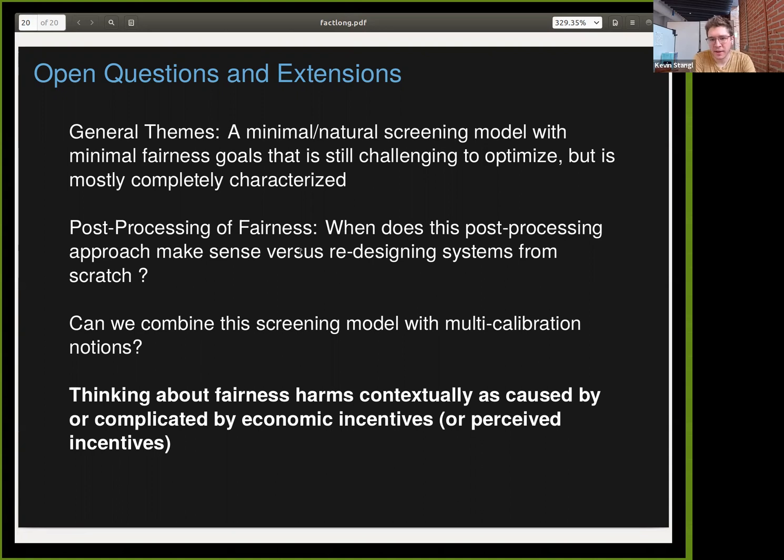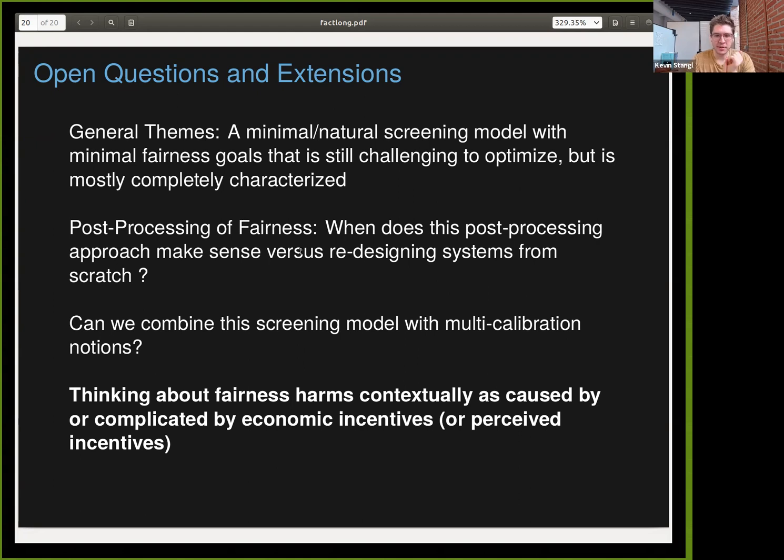I think it's definitely better to design systems with fairness in mind a priori from scratch. But sometimes the fairness harms arrive, and you notice them in the context of deployment. So maybe this post-processing is worth studying anyway from a theoretical standpoint, because it'll capture something that unfortunately will happen.